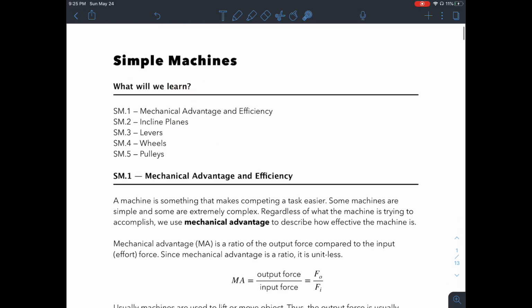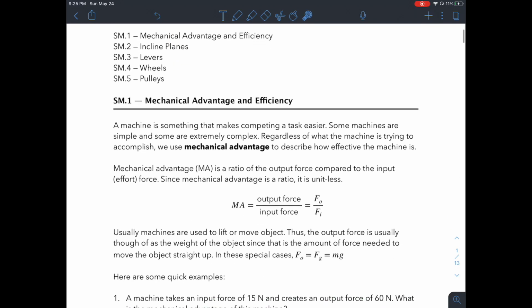Okay, so before we start, let's look at mechanical advantage and what that means. Mechanical advantage is a ratio of how good the machine is, essentially. It compares the output force to the input force, or what we like to call the effort force. So what is the output force?